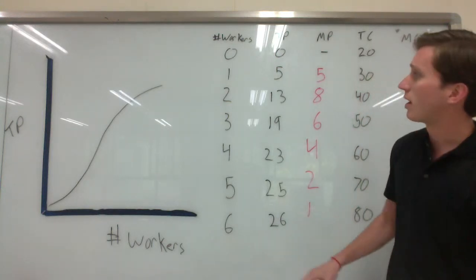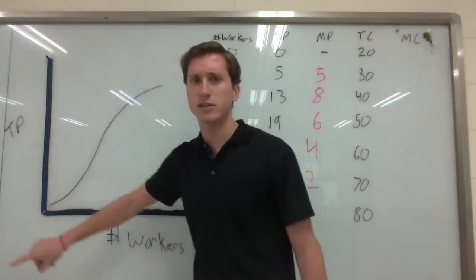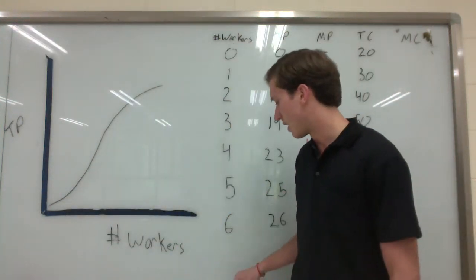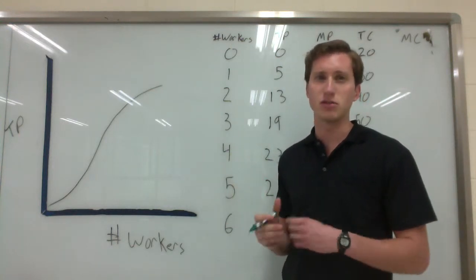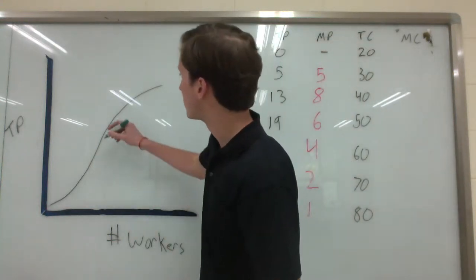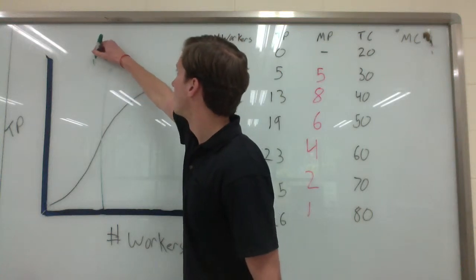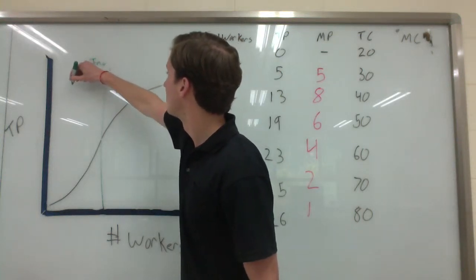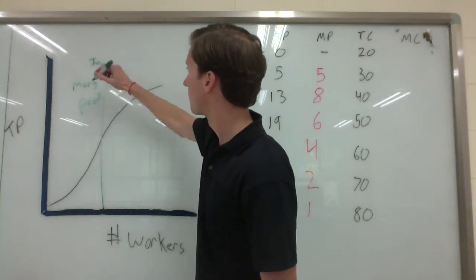Here is also our total product curve. We have total product on our y-axis and number of workers on our x-axis. Now, you notice there are 3 different phases, or in this graph we only see 2 different phases. One is increasing marginal product.